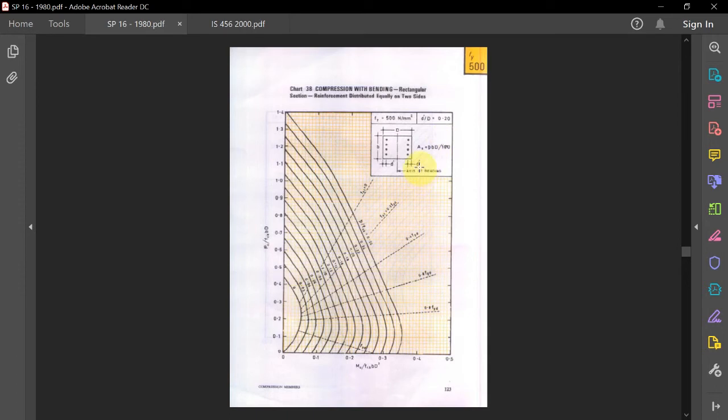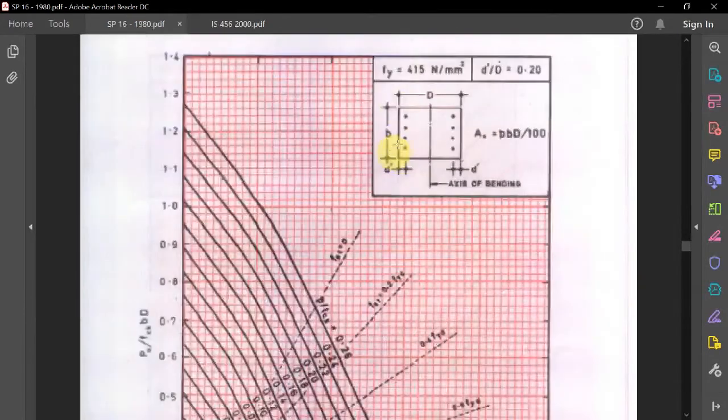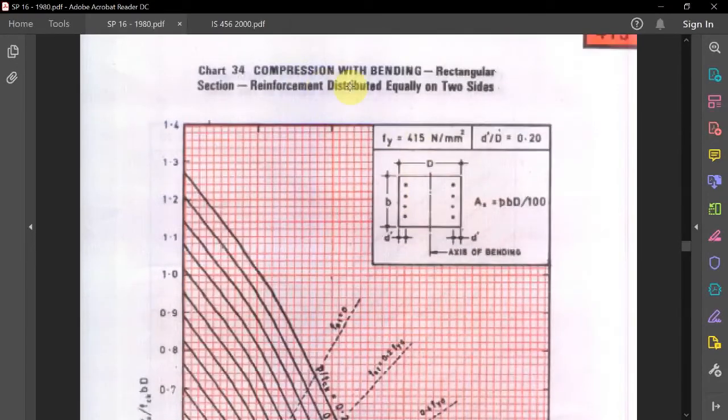Just see. Now, one more thing: there are multiple charts for this also. What you can see in these charts is a diagram, and what is written is compression with bending for rectangular section and reinforcement distributed equally on two sides.